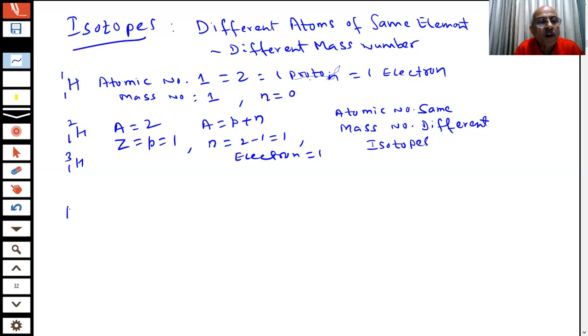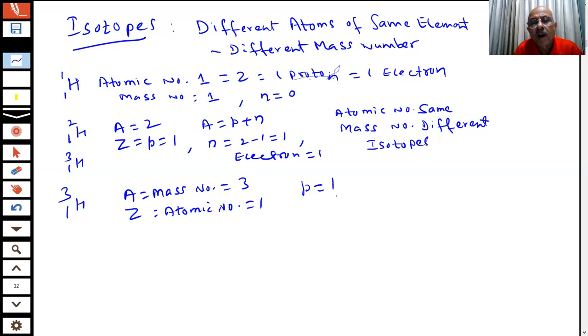And if I consider 1H3, students, then what is the atomic number? What is the mass number? Mass number is 3. And what is Z? Z is my atomic number. How much? 1.